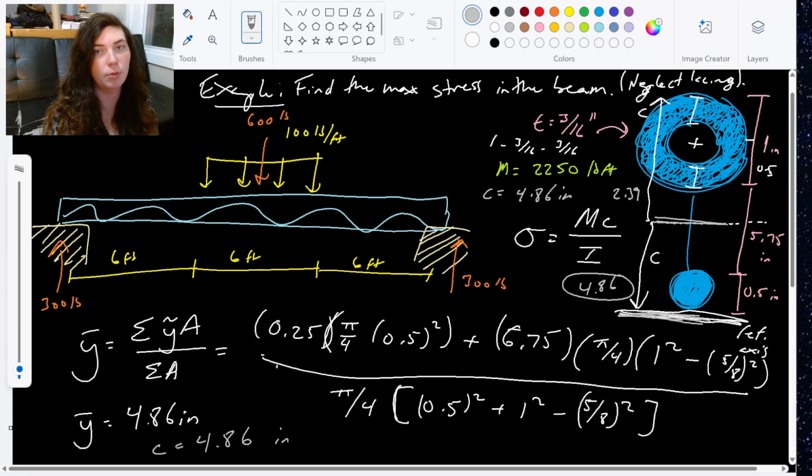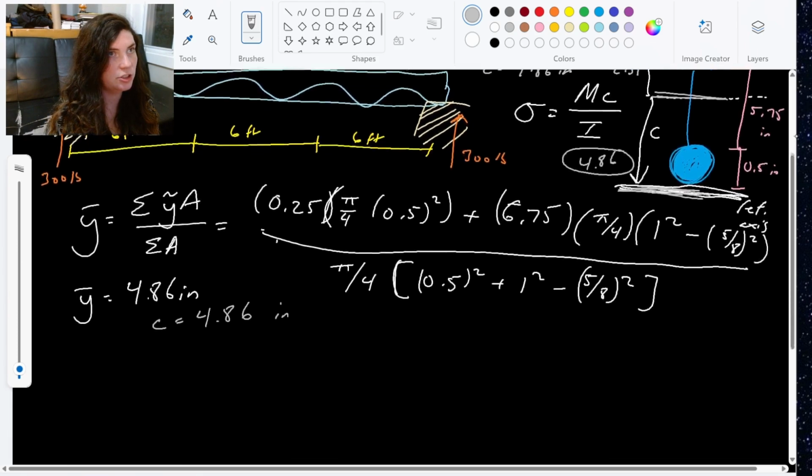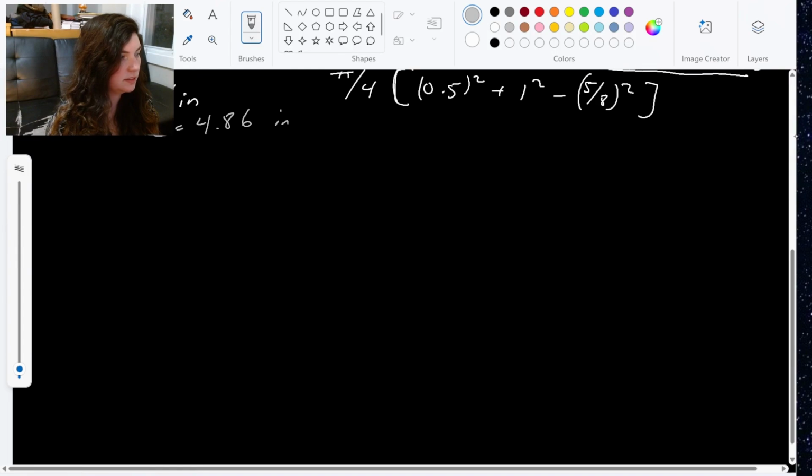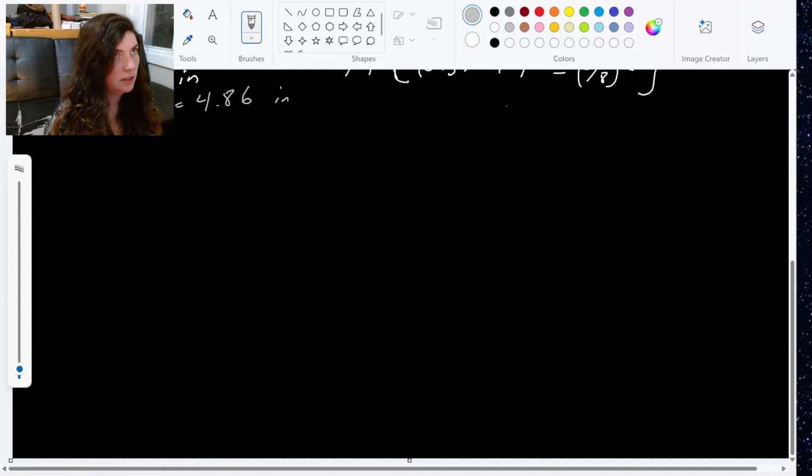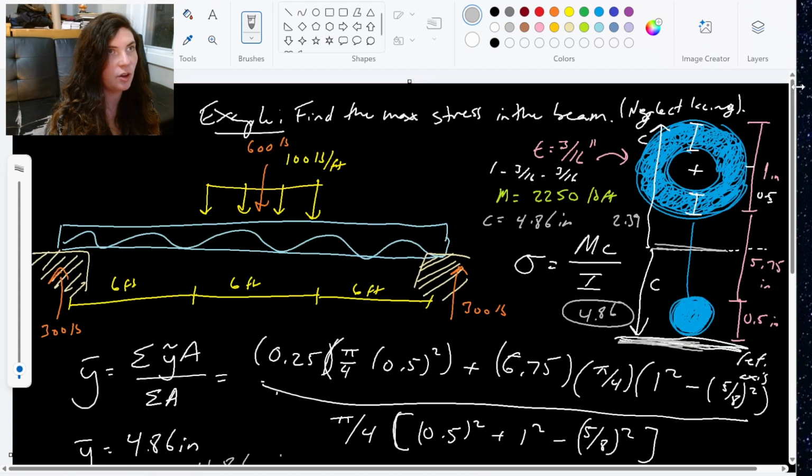Now it's just that moment of inertia. That moment of inertia, once again, coming up parallel axis theorem style, right? So much like in our last example where we were taking a shape and breaking it down into rectangles and using parallel axis theorem to calculate the moment of inertia, we're going to do the same thing here, except this time our shapes are all circles.